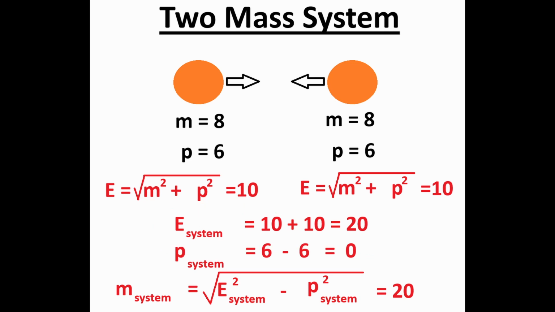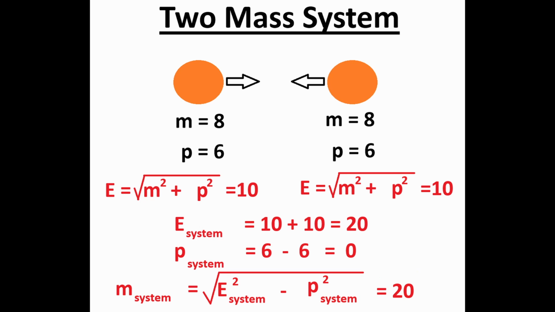The total momentum of the system is 0 since the momentums of each individual object are equal and opposite. Thus, if we calculate the mass of the system of objects, we get a mass equal to the square root of the system energy squared minus the system momentum squared, which gives a value of 20.